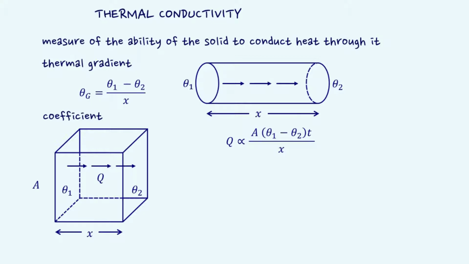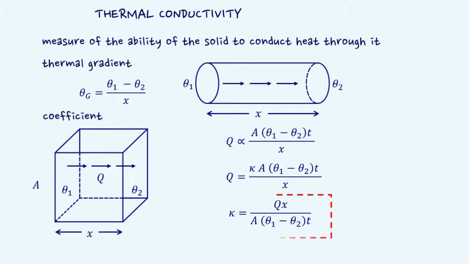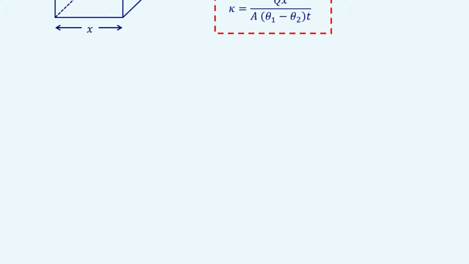Combining these conditions, we can say Q is directly proportional to A(θ1 − θ2)t/x. Here, we introduce a proportionality constant termed as coefficient of thermal conductivity, and rearranging the above equation, it can be expressed as K = Qx/[A(θ1 − θ2)t].